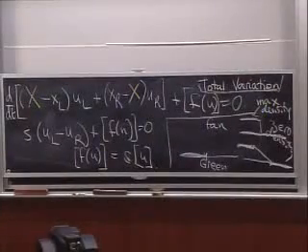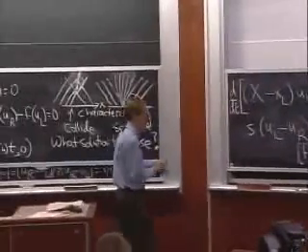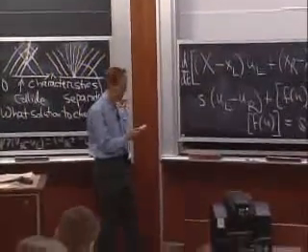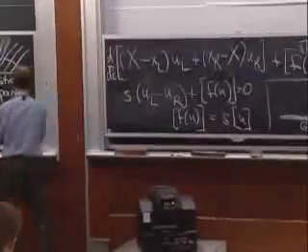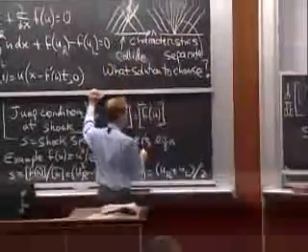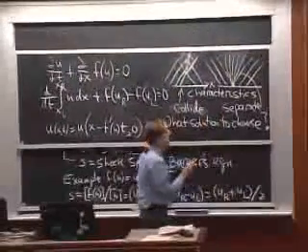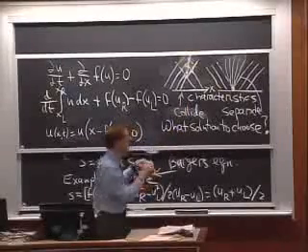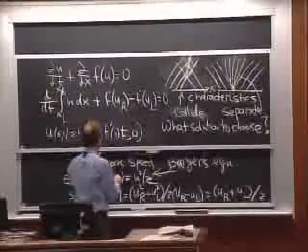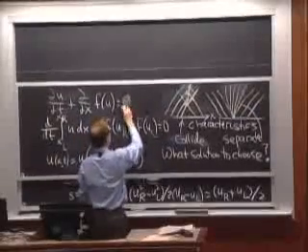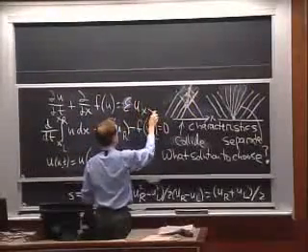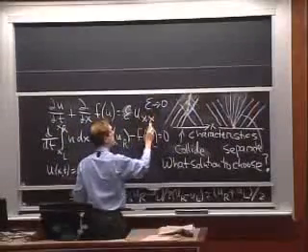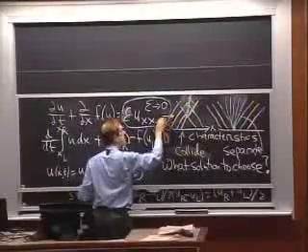This rule, the rule that picks out this shock in the one case of colliding characteristics, and this fan in the case of separating characteristics. One way to get to those two solutions would be to put in a little bit of viscosity and then let epsilon go to 0. And the result would be these two solutions.